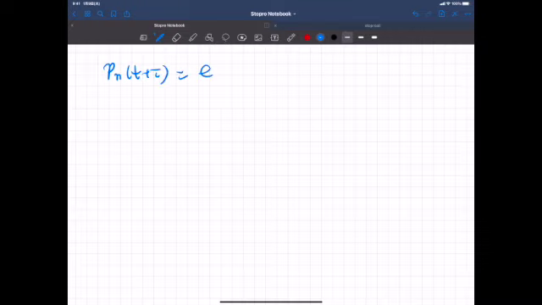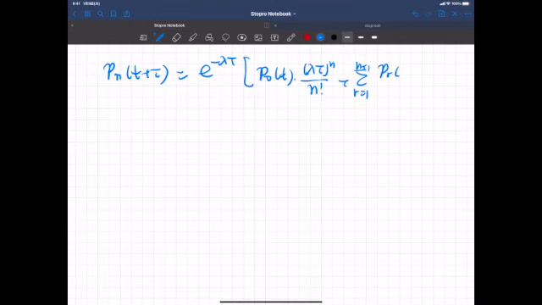Every term contains this factor, e to the power of negative lambda tau, and P0 (lambda tau)^n / n!, and the sum over r from 1 to n+1 of P_r(t) (lambda tau)^(n+1-r) / (n+1-r)!. So this should be the general recursive formula for the number of customers.